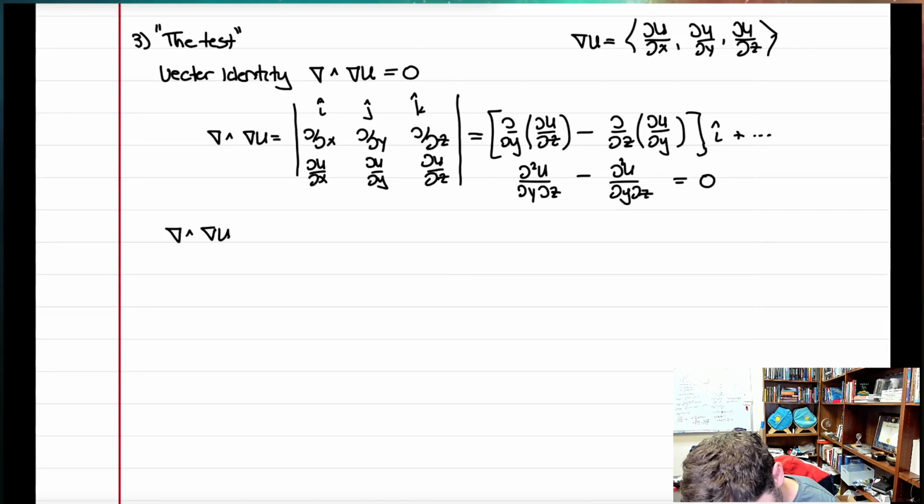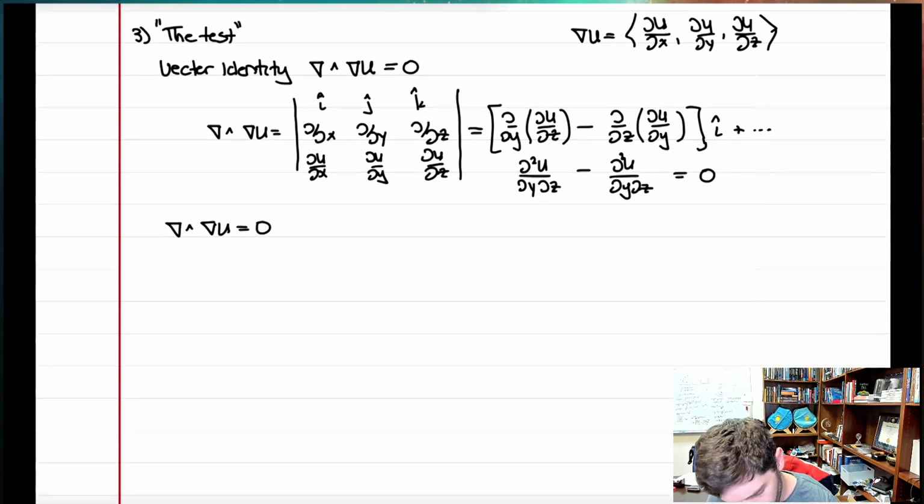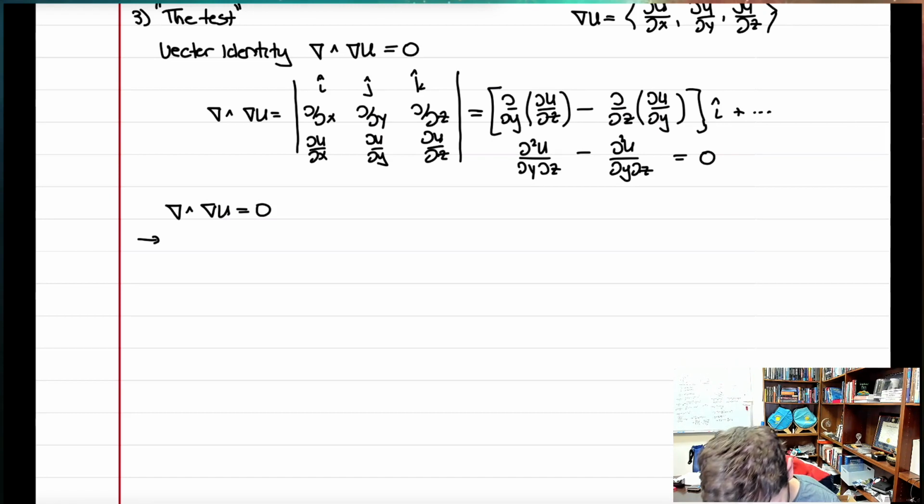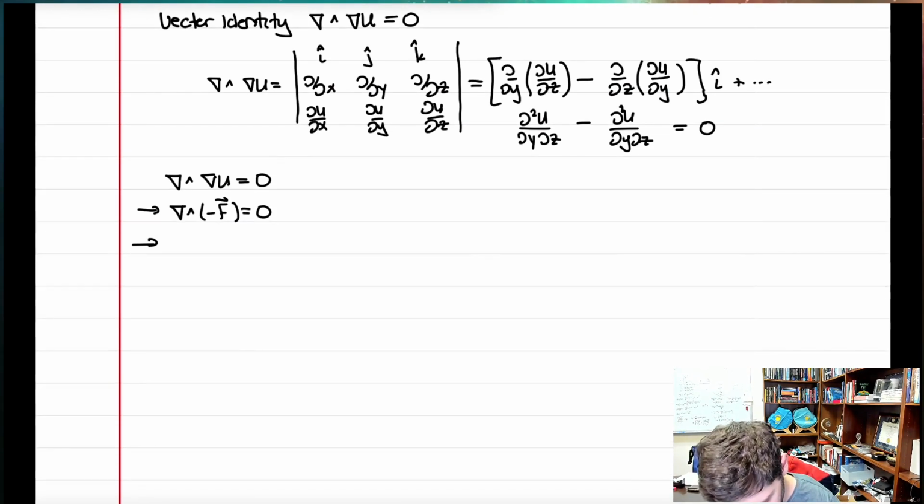So if this is true, but then remember the gradient of the potential function is related to the force. Particularly it's negative the force. So this says that the curl of negative the force vector is equal to 0. We get rid of the negative sign, I can multiply both sides by a -1.